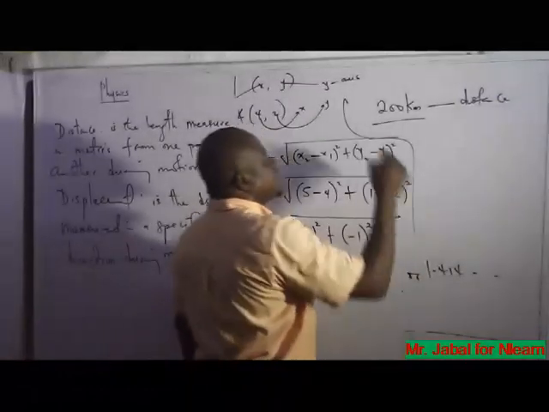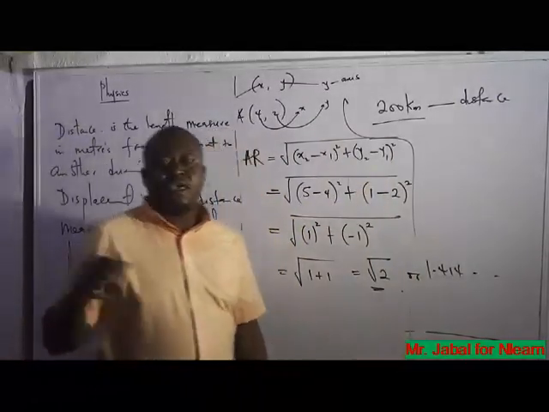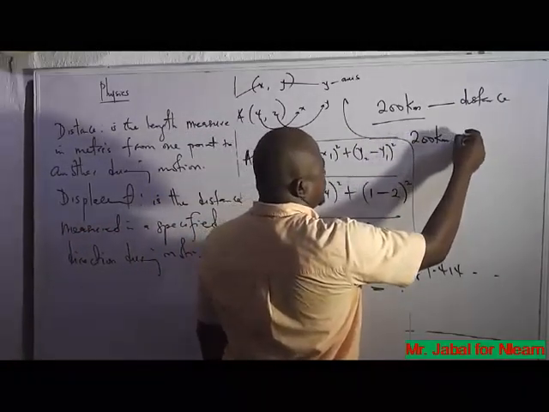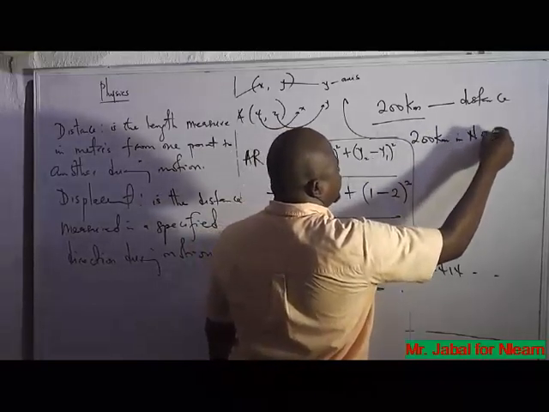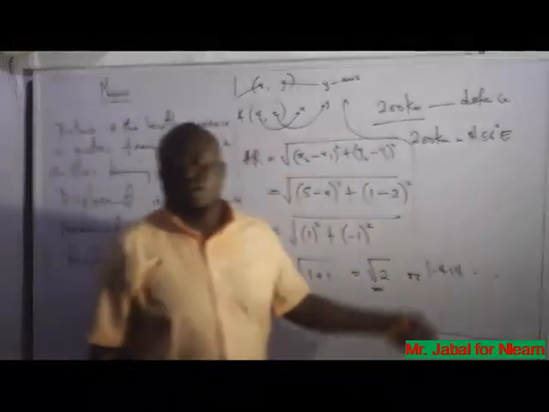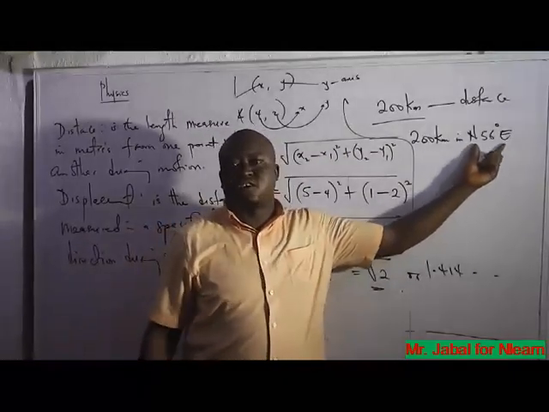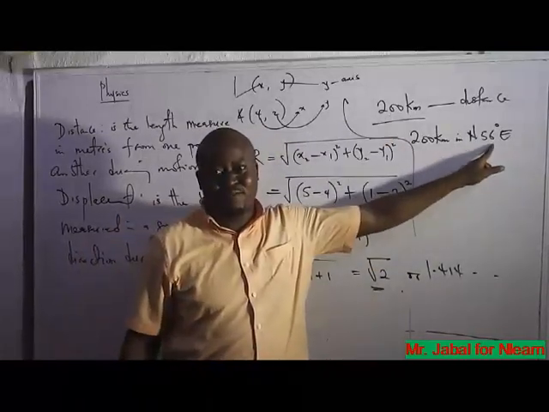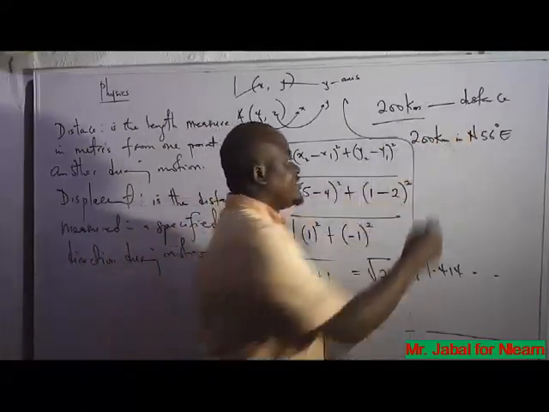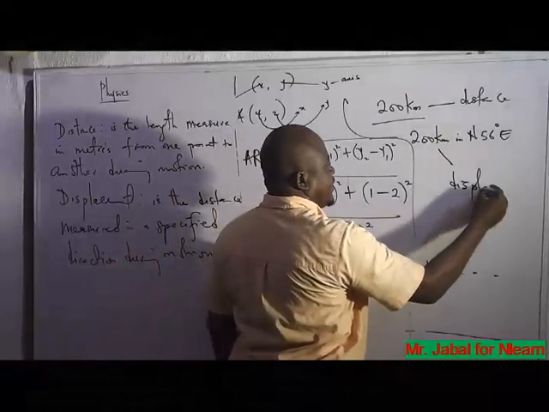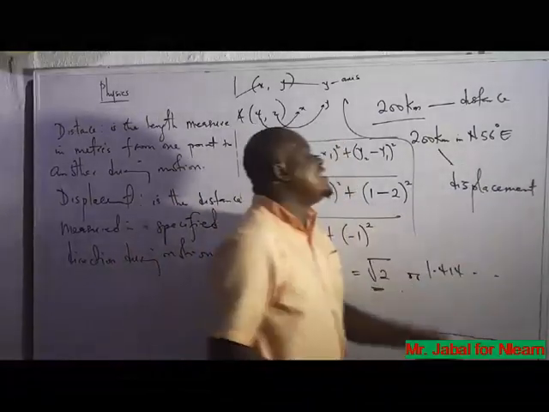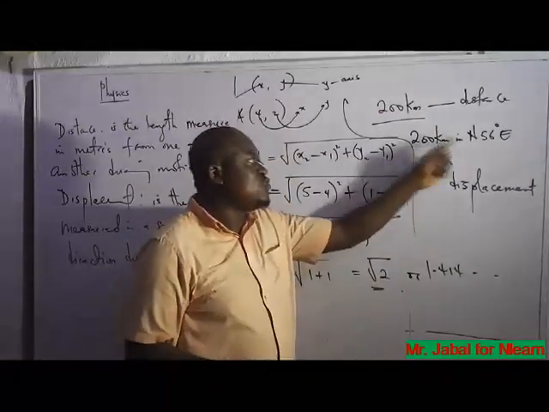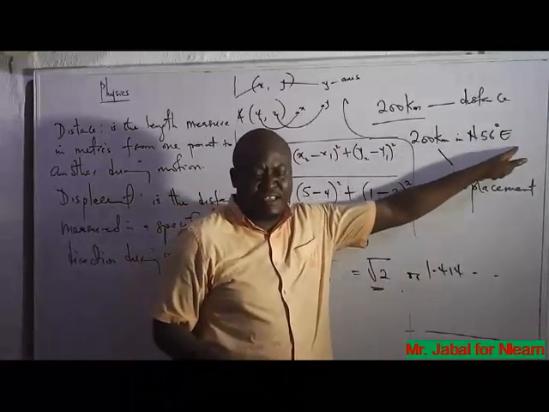But when I say the distance from Lagos to Ibadan is 200 kilometers in north 56° east, this addition is called direction. This is magnitude, but this is direction. So this is distance, but this is displacement. So distance is just 200 kilometers. Displacement is 200 kilometers in the north 56° east direction.